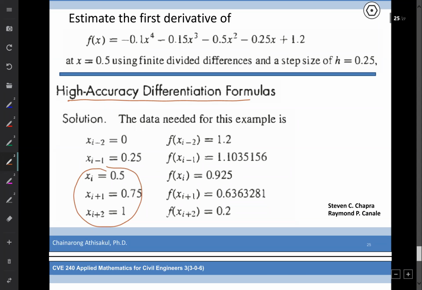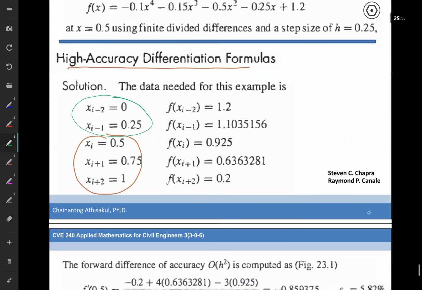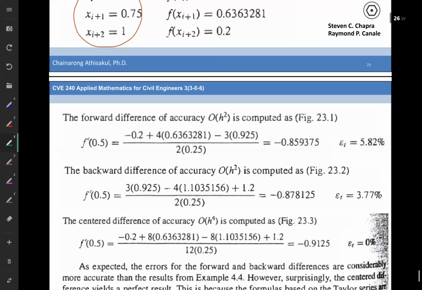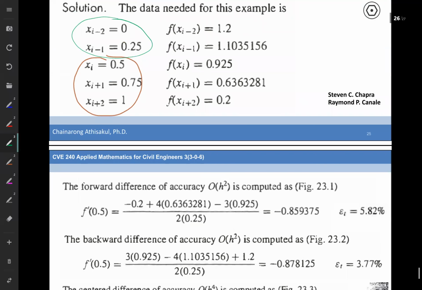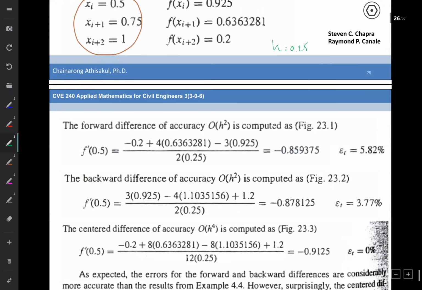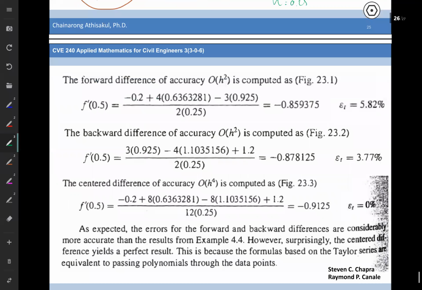two forward values, and for backward we also require two backward values. Okay, according to this, if we apply the high accuracy with h equal to 0.25 also, what happens? It is found that with high accuracy, the error is falling down.